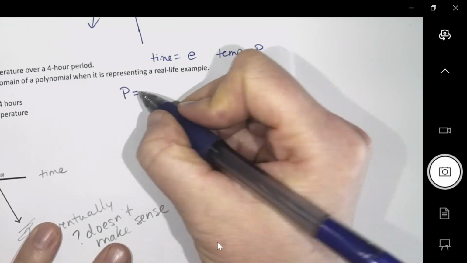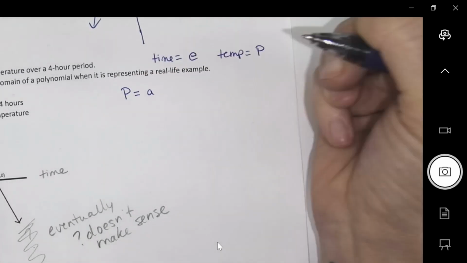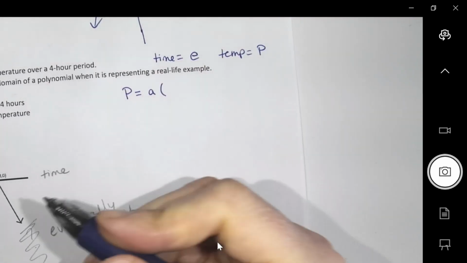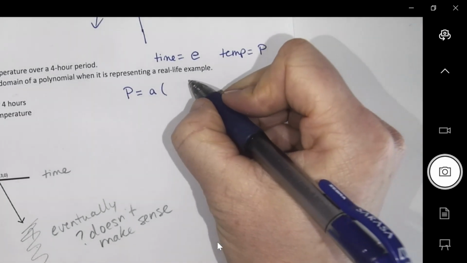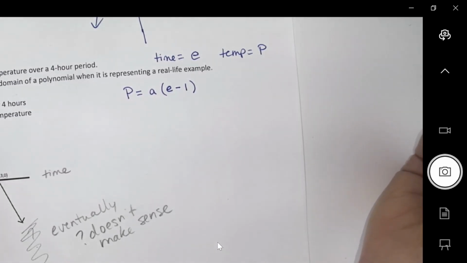So temperature P equals some kind of A value. I don't really know the coefficient right now. Okay, the first intercept is 1. So this will be E minus 1.